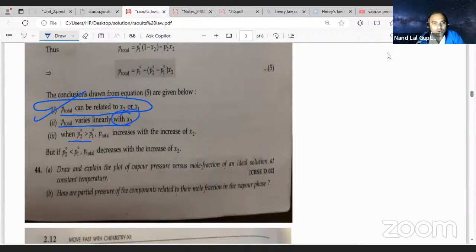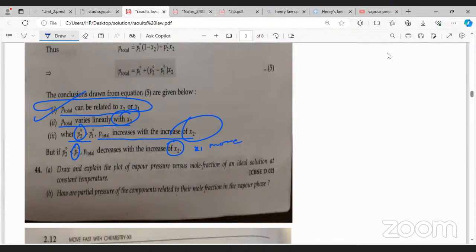P2 naught greater than P1 naught means P total increases with increase in x2. Why? If P2 naught is more, x2 is more, and if P1 is more, x2 is less. x2 is less means x1 is more. Getting? Okay.